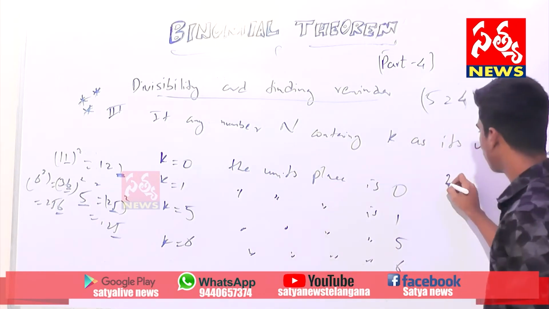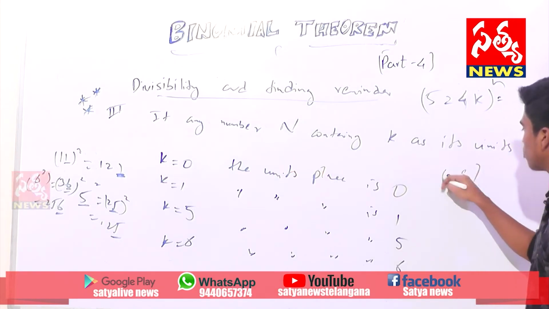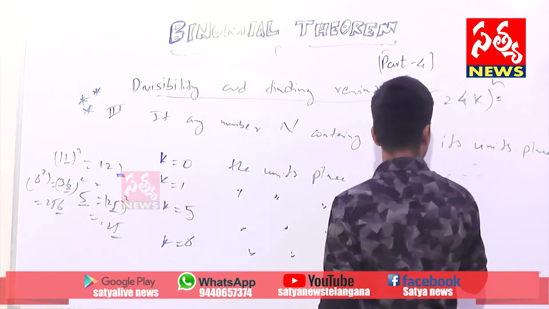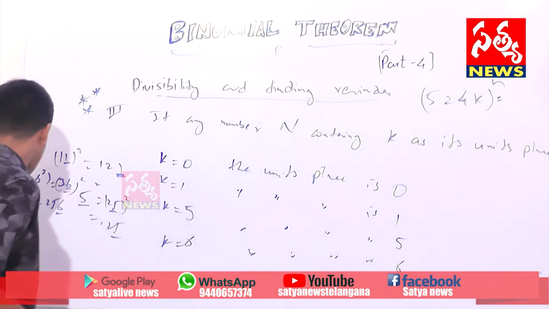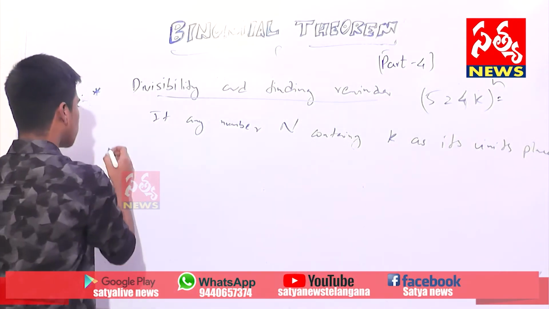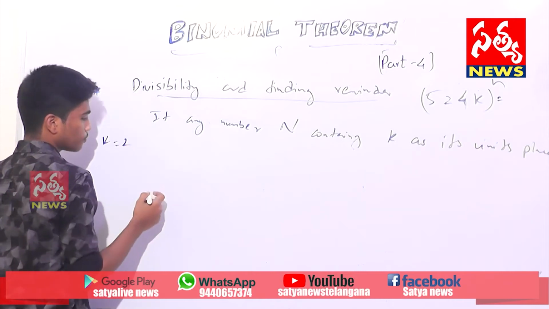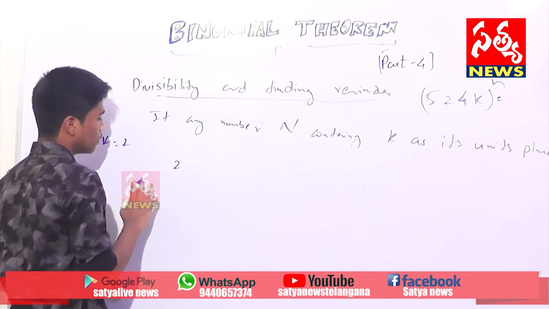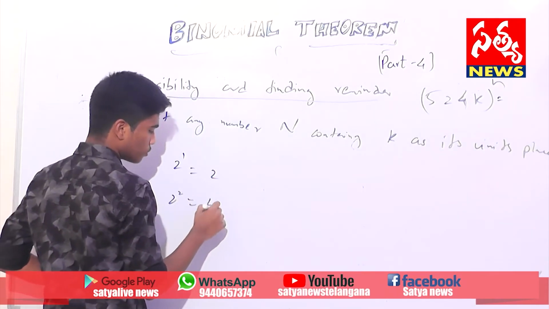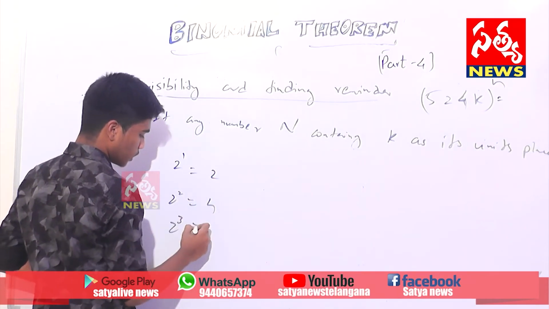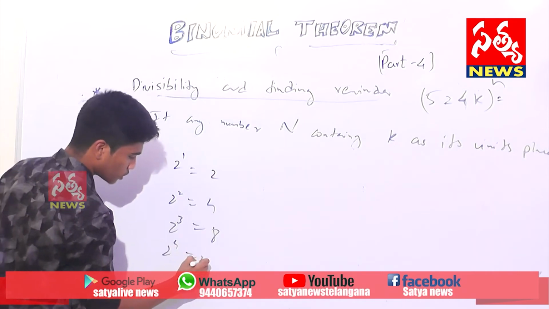Yes, if we take 2 or 3 or any other number, now let's take the units place as 2. You can check casually: 2 power 1 is equal to 2, 2 square is equal to 4, 2 cube is equal to 8, 2 power 4 is equal to 16.